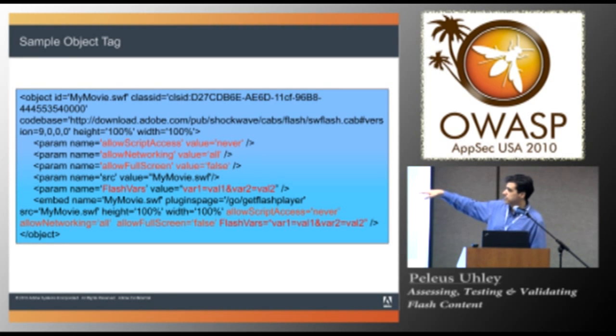The first two lines are just the setup for the object tag, which tells the browser which plugin to load for this content, and what the ID is for it. Then as parameters within the object tag, you can set allow script access, and you can set allow networking. So the web page which is loading the Swift is making a statement that I trust this Swift to talk to my DOM, I trust this Swift to manipulate my HTML, or I don't. And that's what the permissions are basically all about.